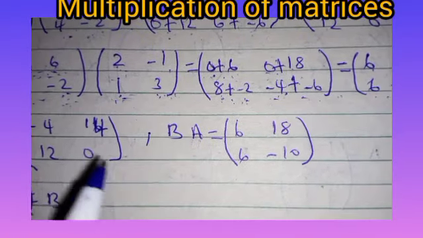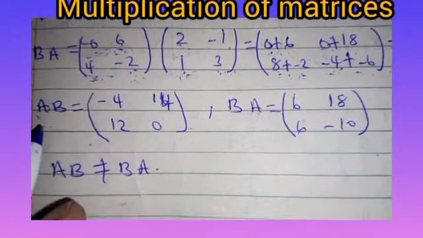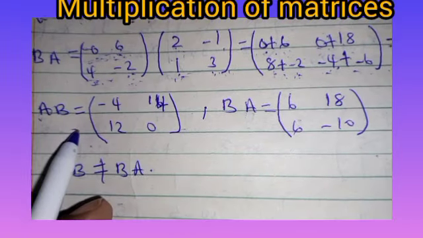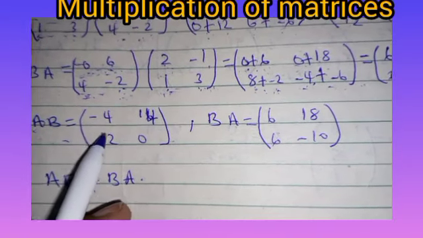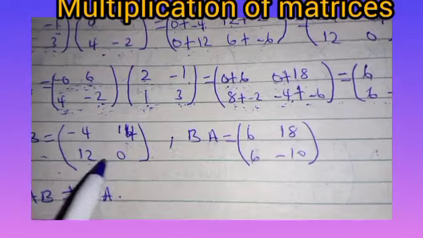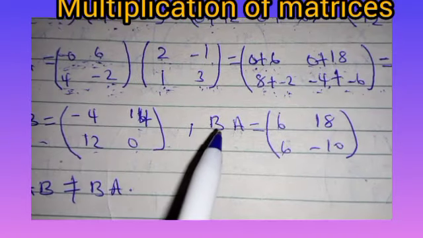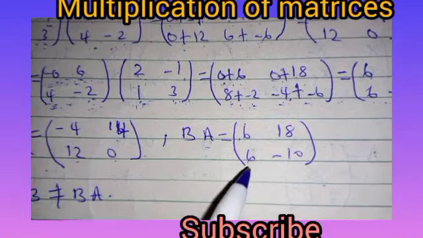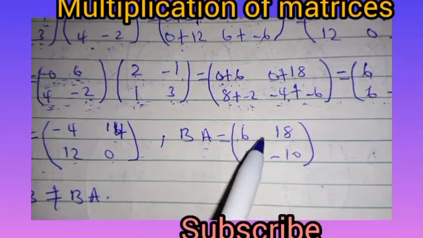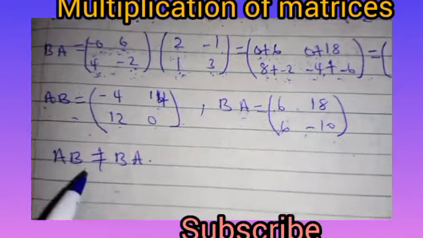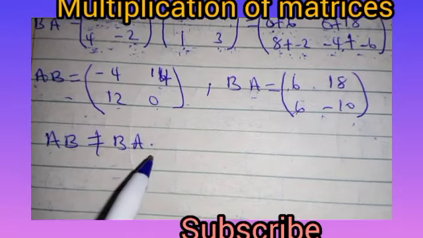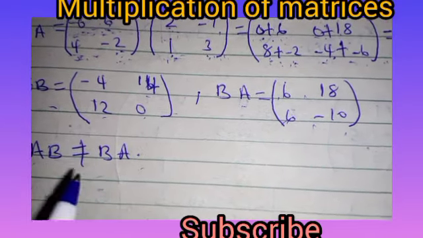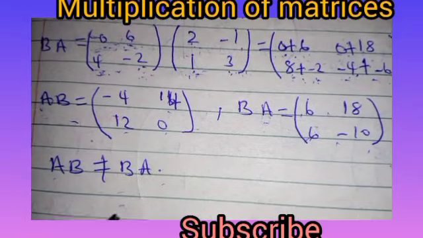So clearly you can see here the matrix AB is negative 4, 14, 12, 0. The matrix BA is 6, 6, 18, negative 10.